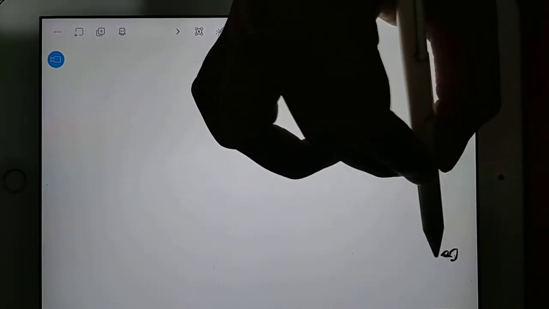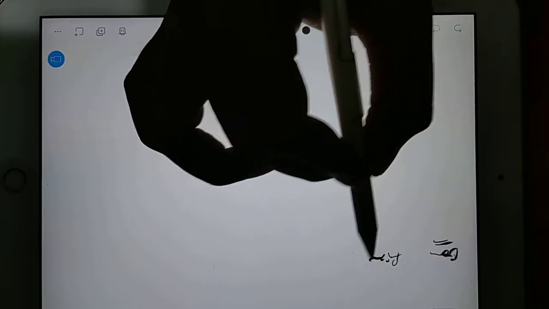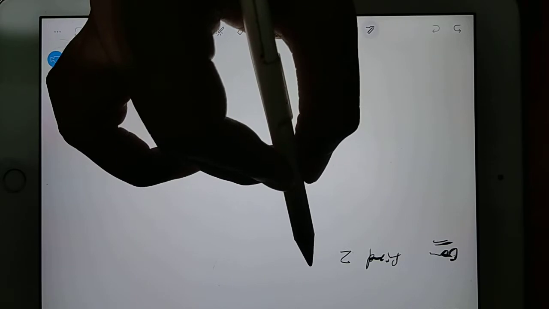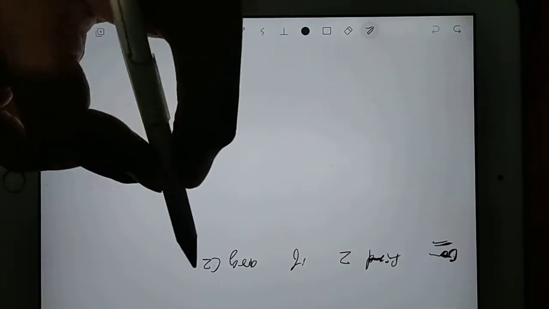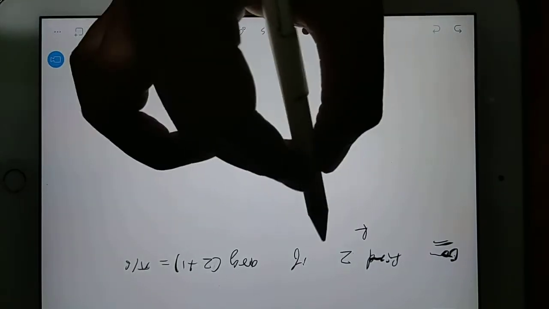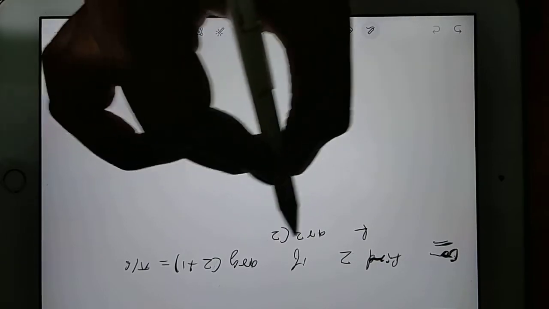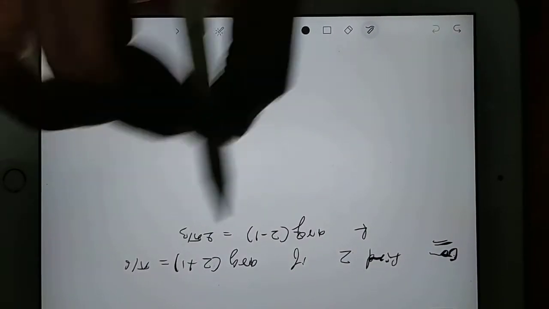Suppose I take any example. Find z if arg of z plus 1 is equal to pi by 6 and arg of z minus 1 is equal to 2 pi by 3.